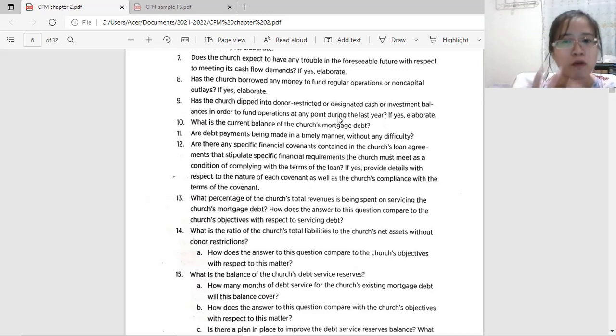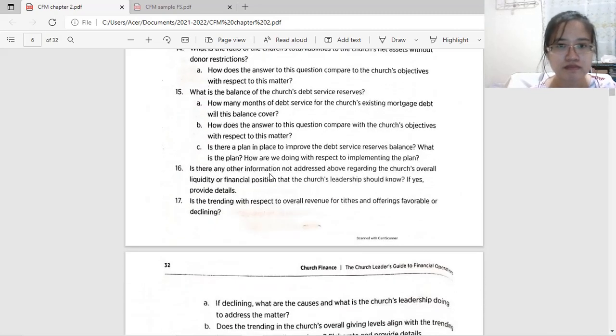You don't want to normalize borrowing money from different funds or mixing the funds from different purposes. So it's not a good practice. So as much as possible, try to ensure that you have enough cash for your operations.